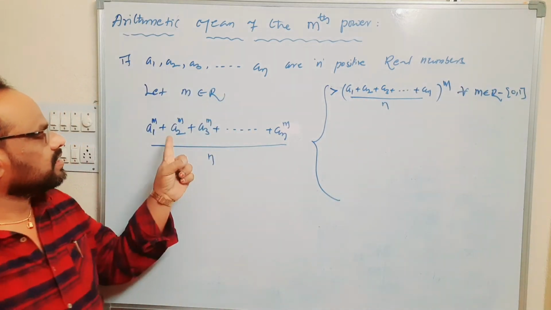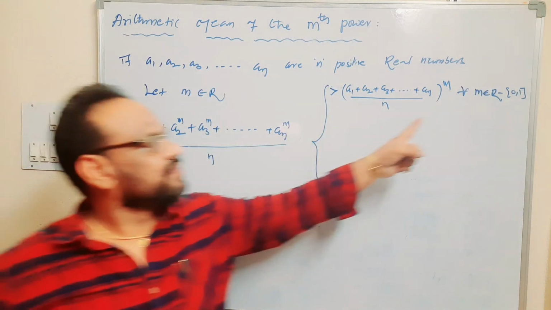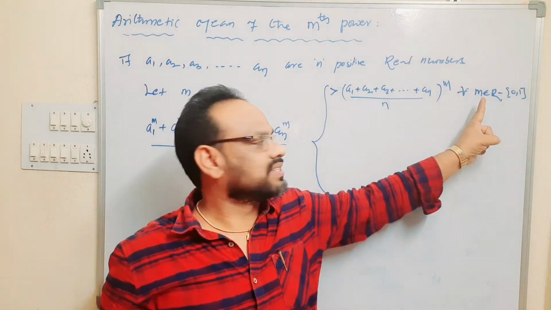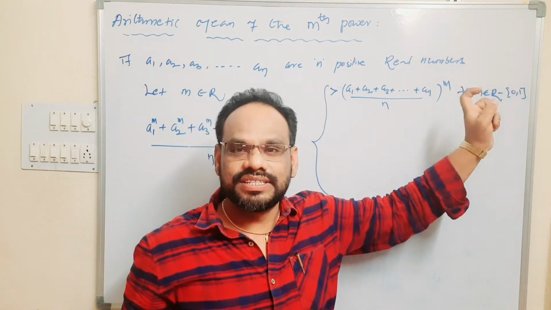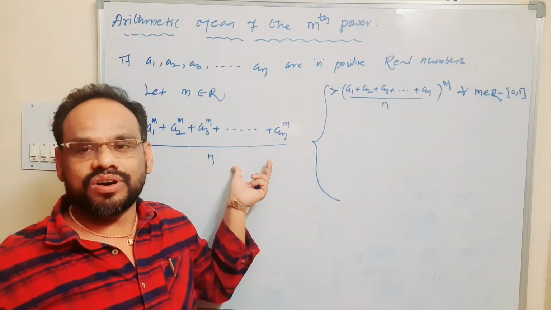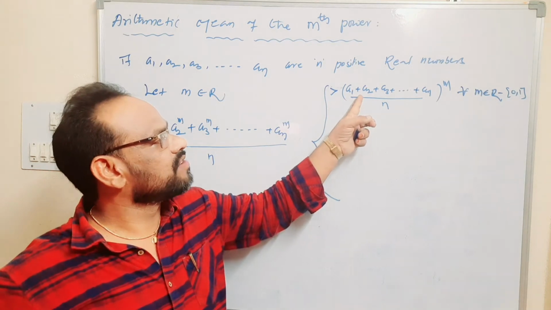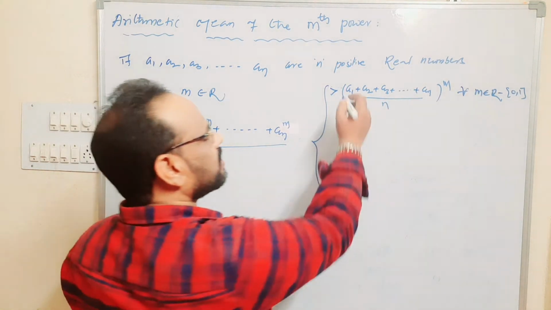This value always depends on the value of m. If m belongs to any real numbers except the closed interval 0 to 1, then this value is always greater than a1 plus a2 plus a3 plus and so on plus an by n, whole to the power m.